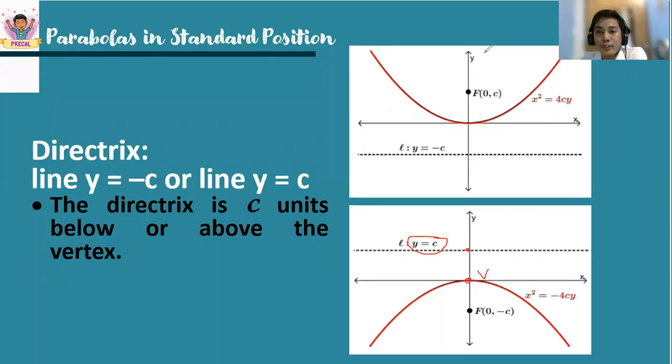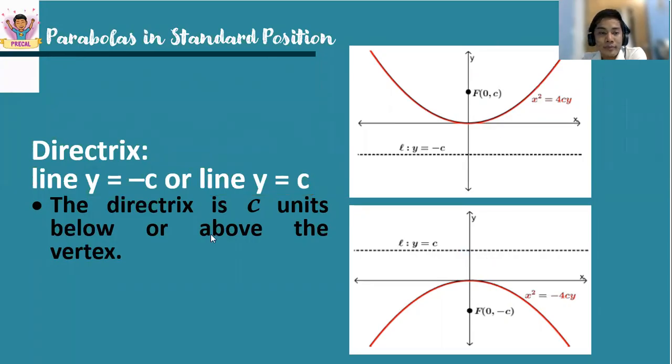So I repeat, when it's below the vertex, it means the parabola opens upward, referring to the directrix. The equation is y is equal to negative c. If the parabola opens downward, then the line, which is the directrix, is represented by y is equal to c because it is located above the vertex.